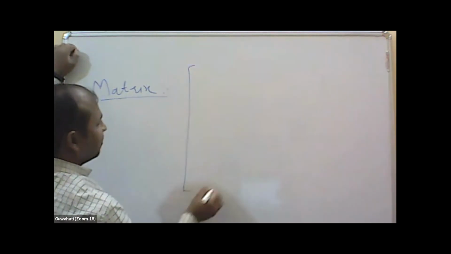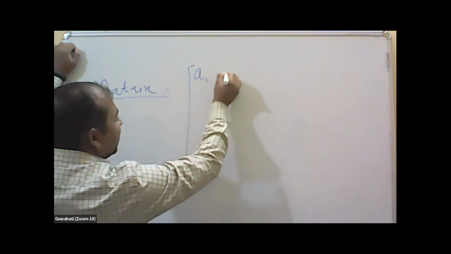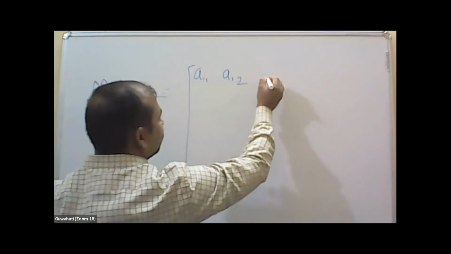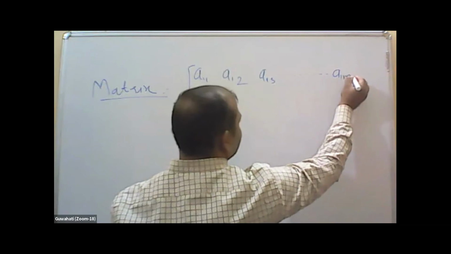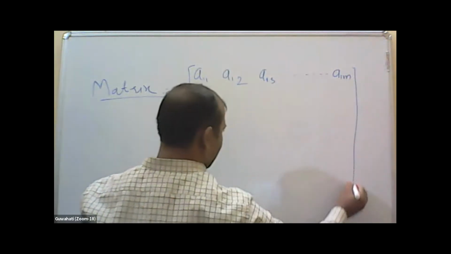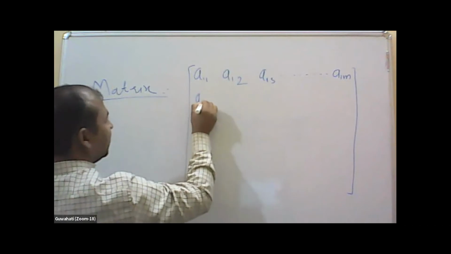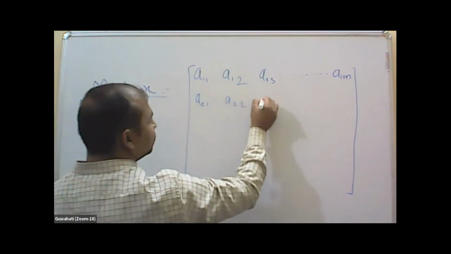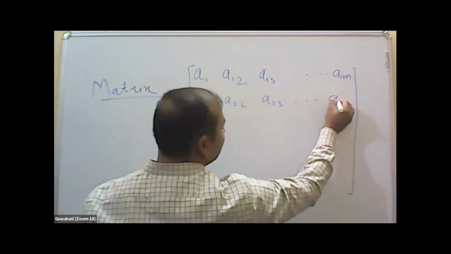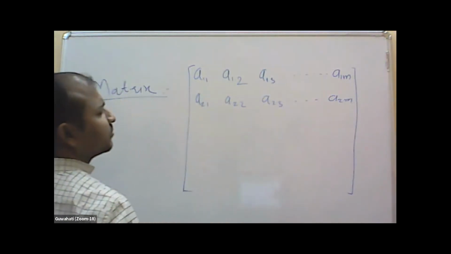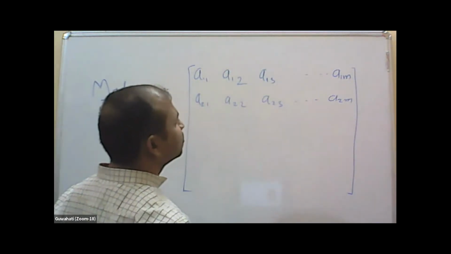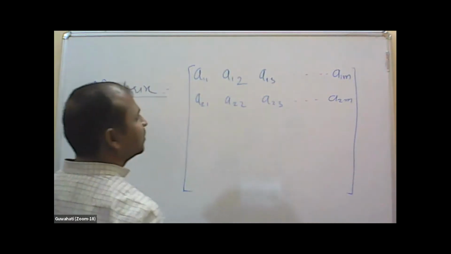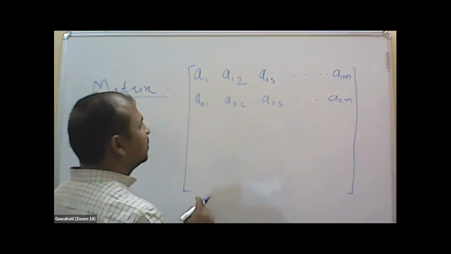It will be like this: A11, A12, A13, and so on to A1n. Then A21, A22, A23, and so on to A2n. Or you can take m by n, m rows and n columns.